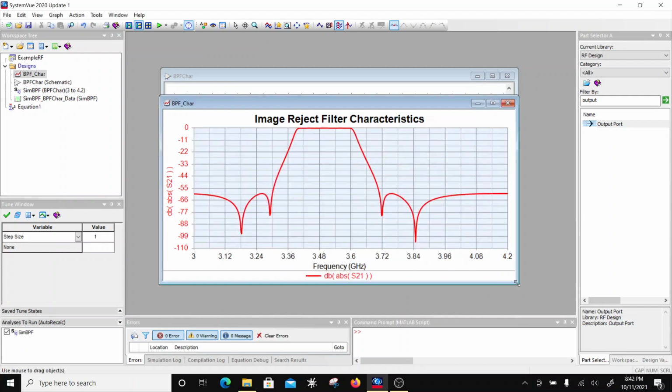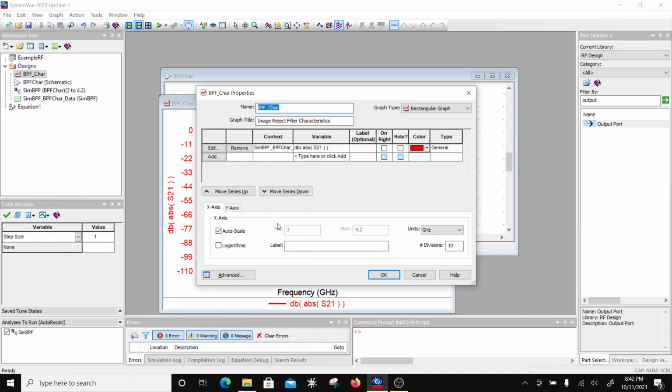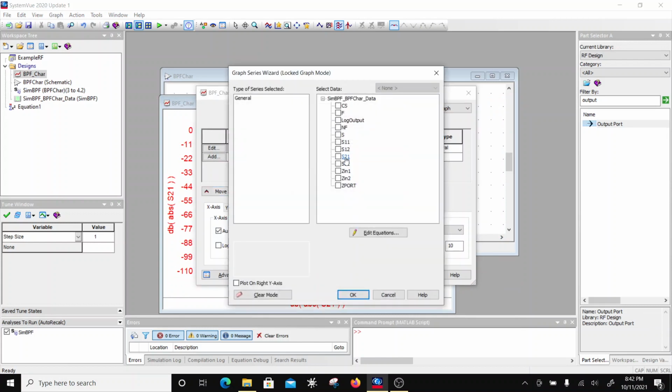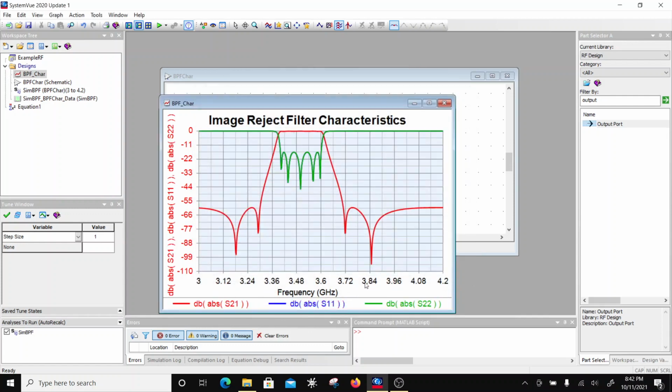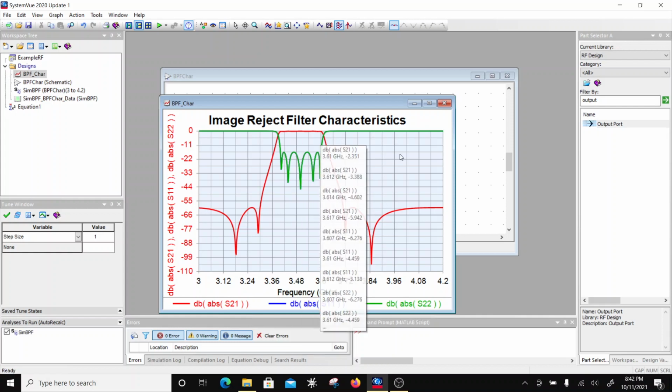Okay, so this is there, and you can look at its return losses also. You can add here S11, and again the magnitude can be in dB, and you can also add here S22, and this is a symmetric network, so they are going to be alike, and say okay. So that's the characteristics, right?